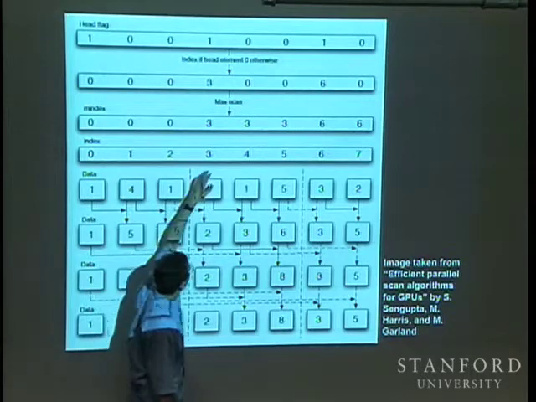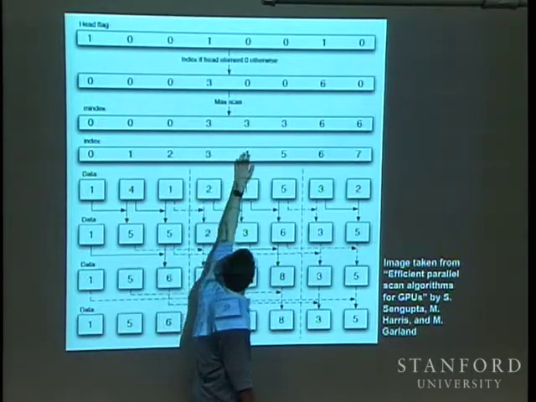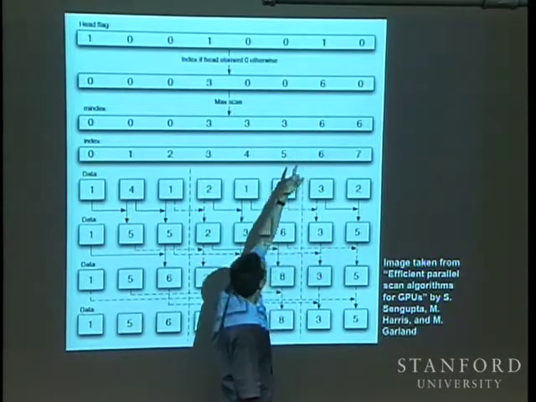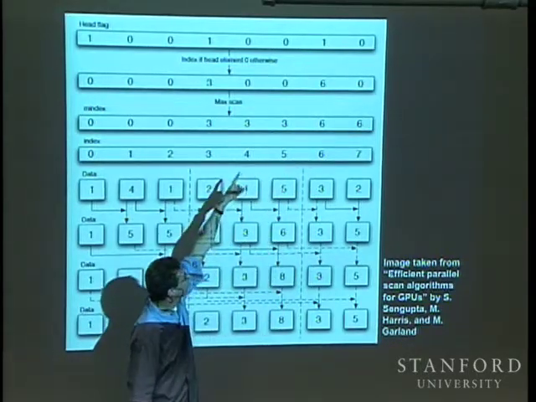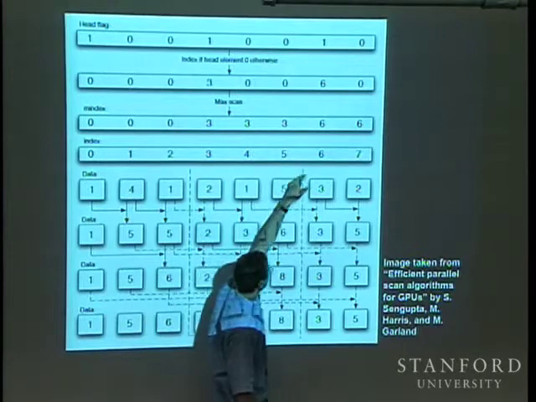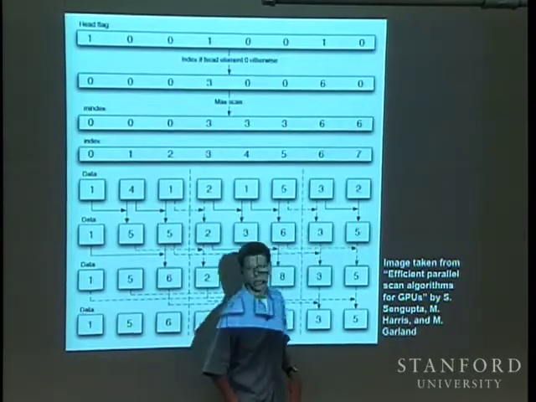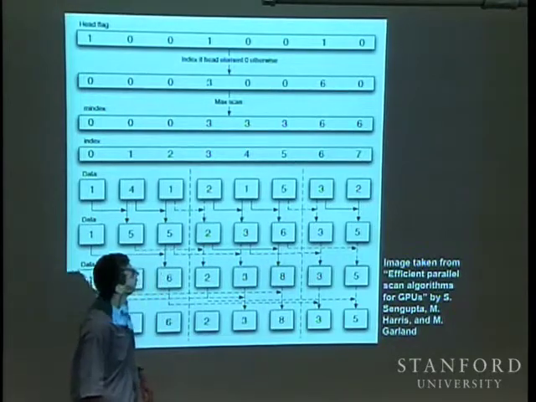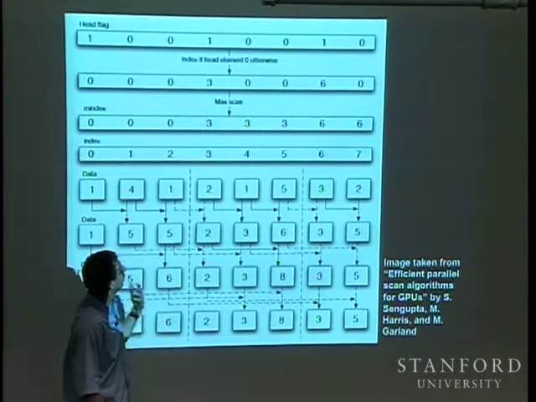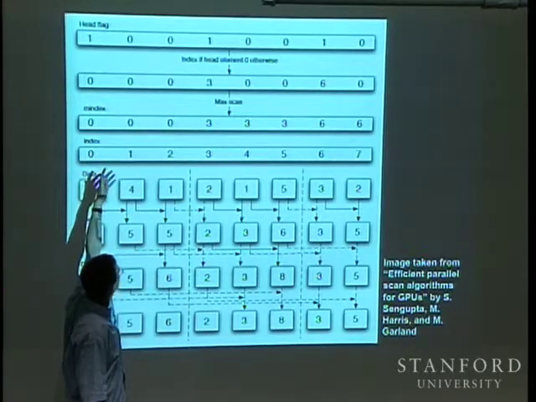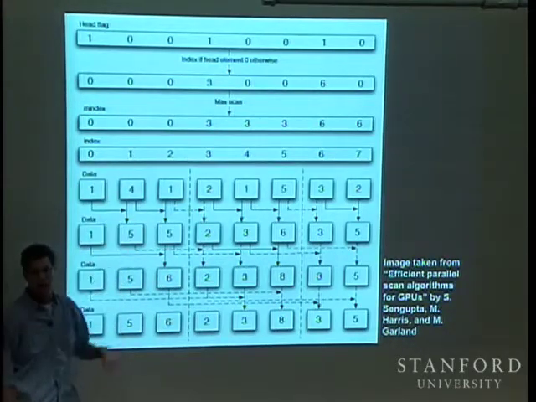But in segmented scan, you'll get 3 just for the segment until you hit the next 1 in your flag array, which you do here in the second to last value. And then you get 6 in that particular part of your array. So notice the difference: if you had done a global max scan, you would have gotten 6 everywhere, and you wouldn't have gotten individual values.